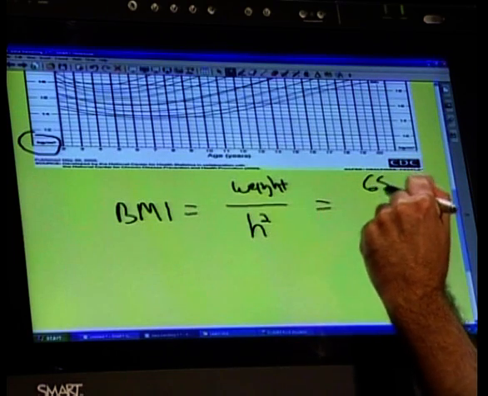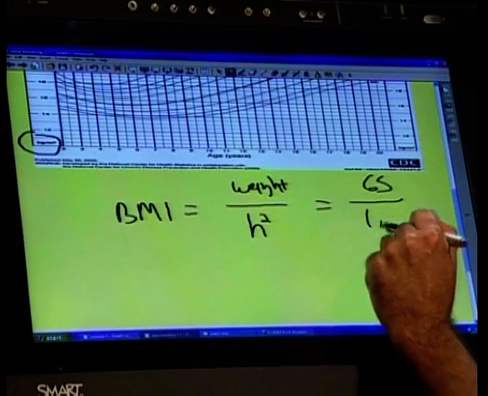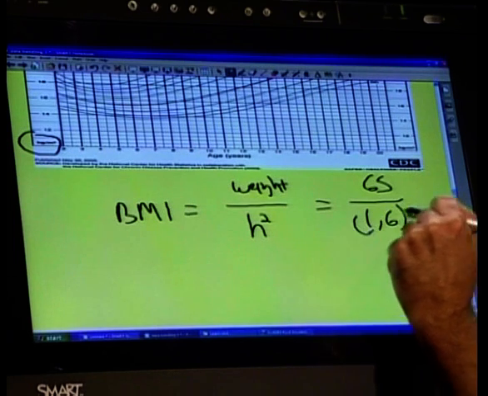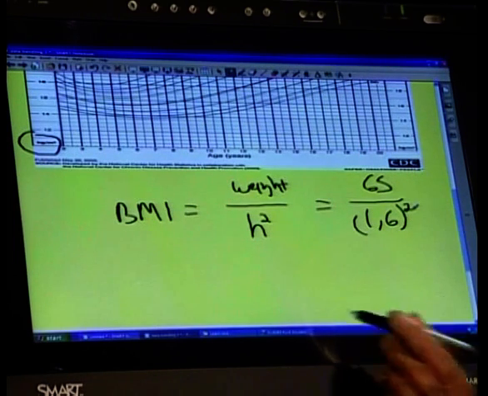So let's do a quick example just to show you. Say you weighed 65 kilograms and you measured 1,6 meters in height. To calculate your body mass index, we'd say 65 kilos divided by 1,6, that's your height in meters, and we'd need to square that.